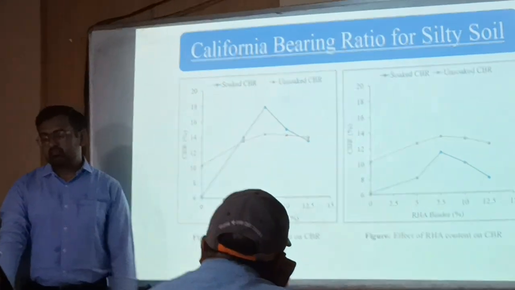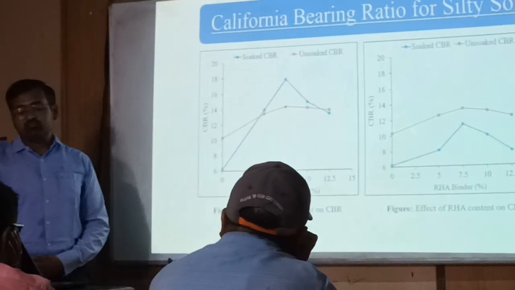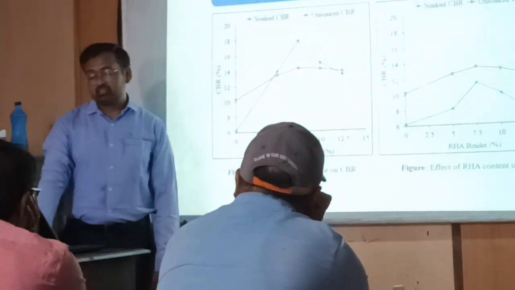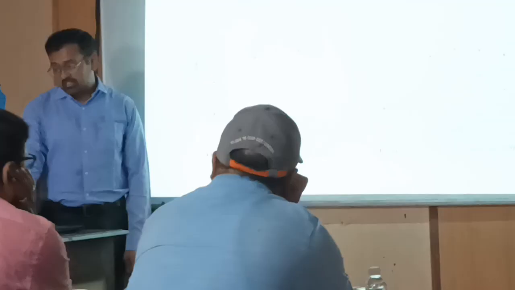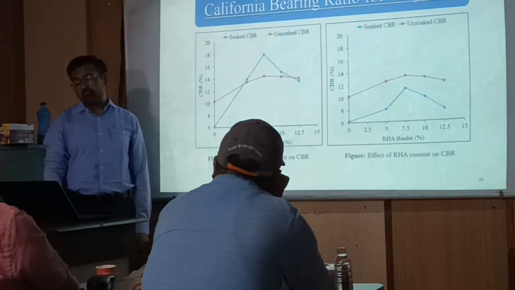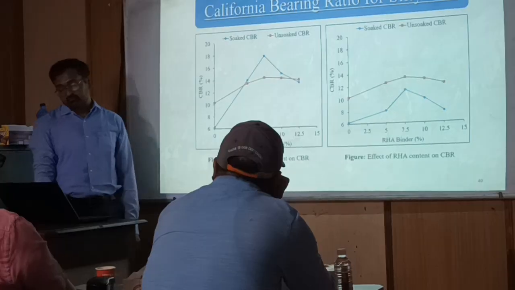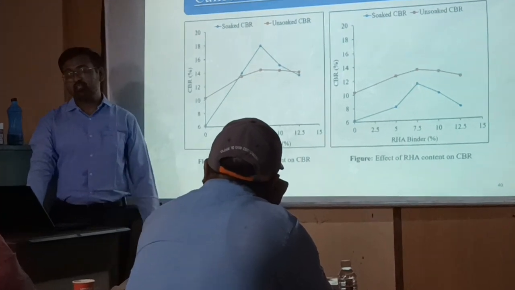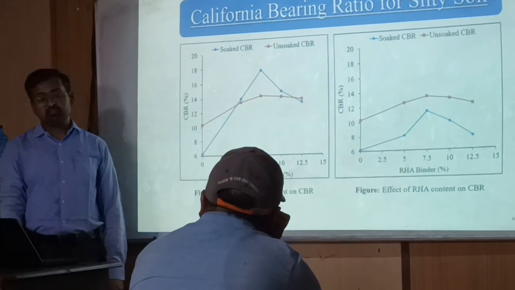A similar trend was achieved for the CBR of the silty soil, in which the CBR reached a point of 18%, with a soaked CBR of around 11%. Again, the CBR of RHA treated soil was less than that of GGBS treated soil.